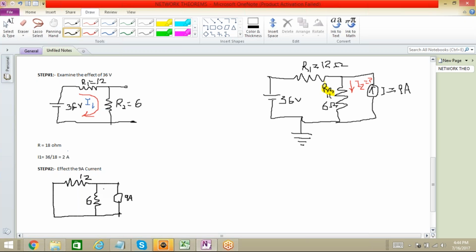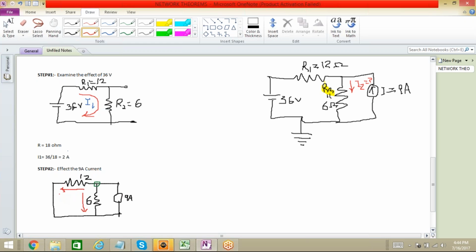Now you can see at this particular point, let me mark it in some other color so that you can have a clear distinction of this node, there is current division happening. One portion of current will flow from this branch and another portion will flow from this branch.